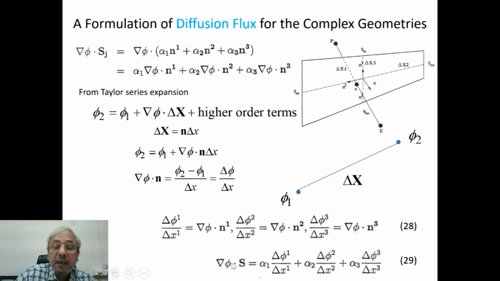So grad phi dot s, that's what in the slide before we defined: alpha 1 into delta phi 1 by delta x1, plus alpha 2 delta phi 2 by delta x2, plus alpha 3 delta phi 3 by delta x3.